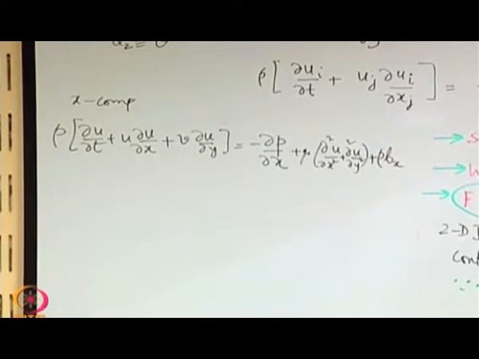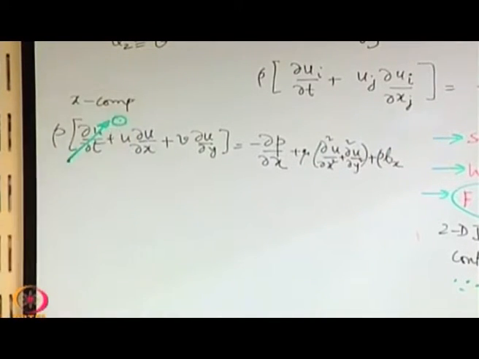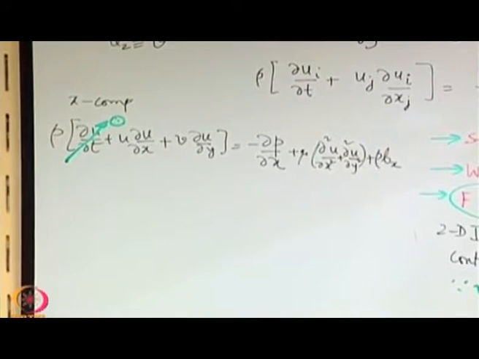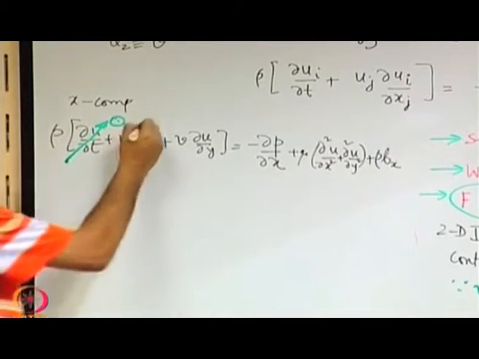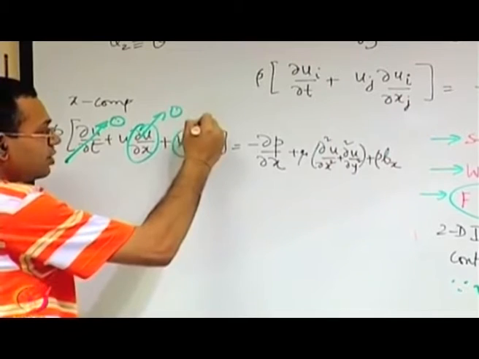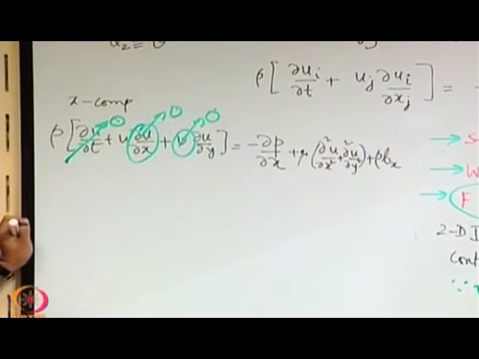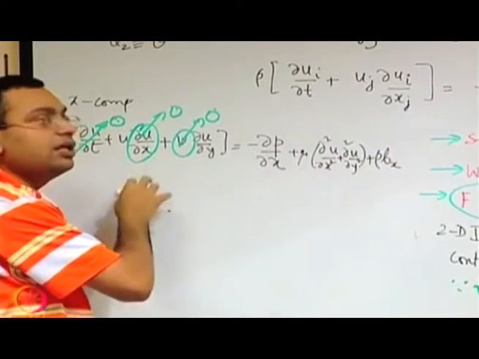So let us substitute different terms. First steady flow, so the first term is 0, then next term fully developed flow, so this is 0, because of fully developed flow V is 0, so the entire left hand side becomes 0, and that gives a lot of advantage because now the non-linear partial differential equation has become a linear equation.